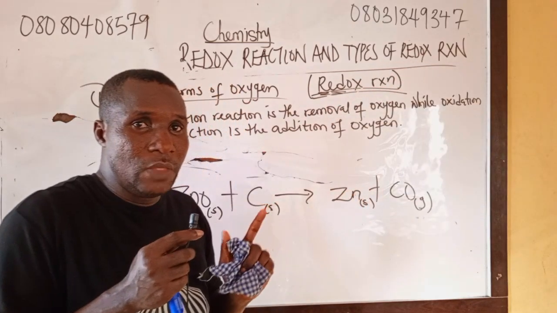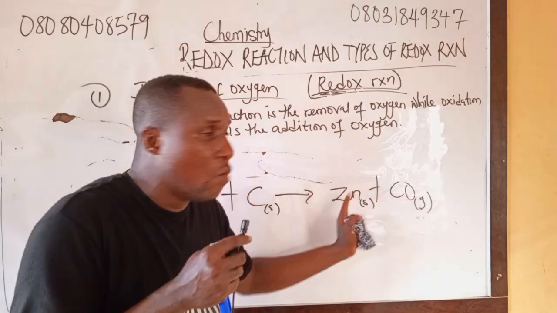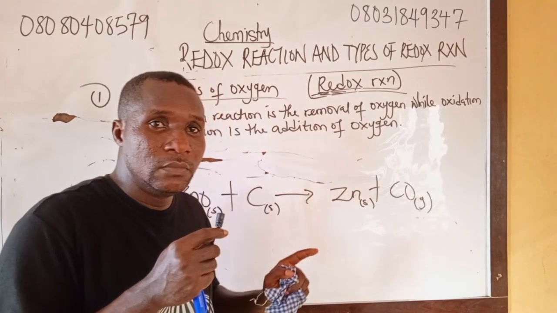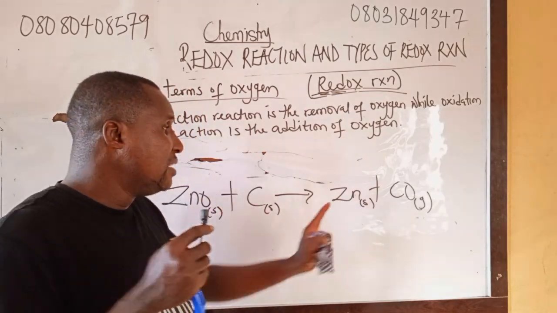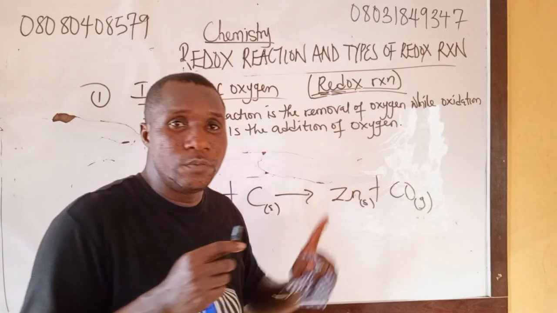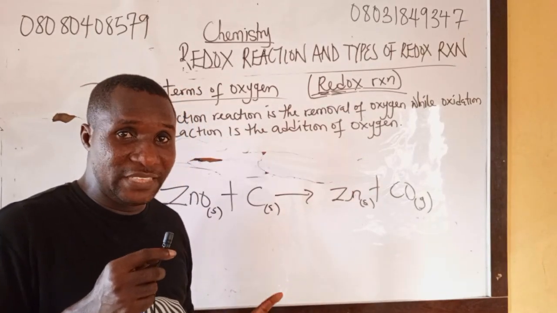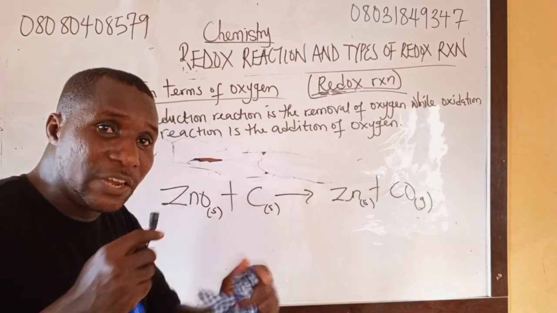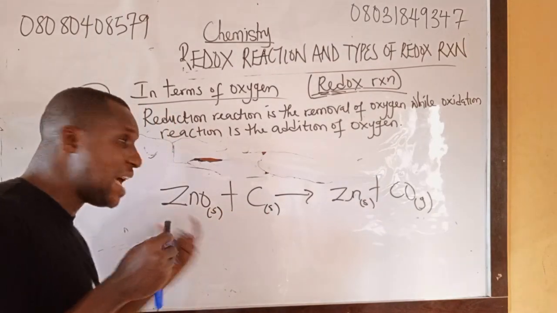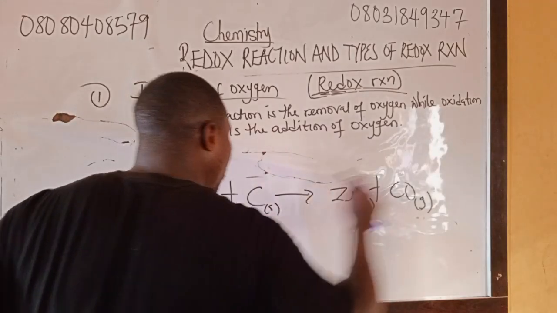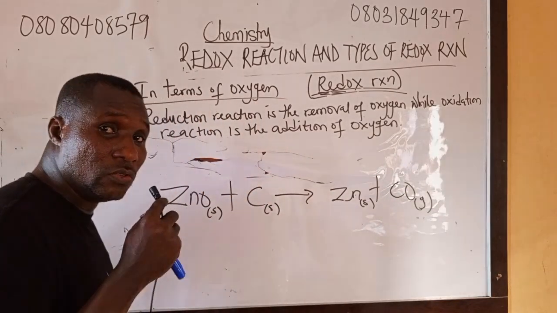Those two agents can never be at the product side. That means zinc and CO, carbon monoxide, can never be reducing agent or oxidizing agent. They can only be found at the reactant side. Reactant is left, product is right. Take note of that.